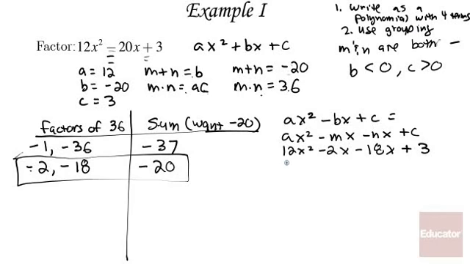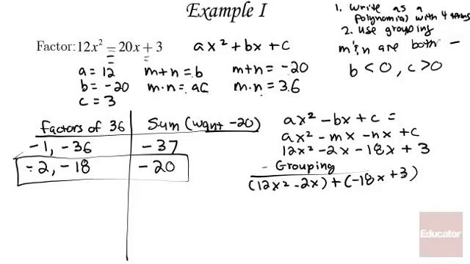Okay, so remember when you factor by grouping, that's what I'm going to do next. I'm going to group the first 2 terms and the second 2 terms. That gives me 12x squared minus 2x plus negative 18x plus 3. Pull out the greatest common factor.